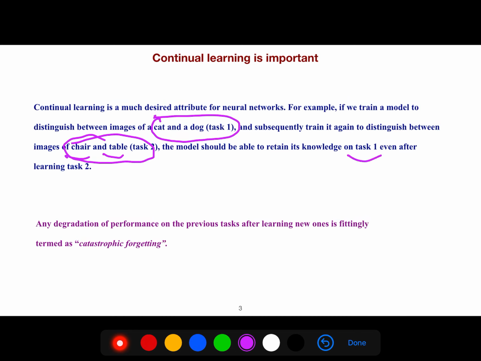After learning chair and table, we don't want to forget the difference between cat and dog. So any degradation of the performance on the previous tasks after learning new ones is fittingly termed catastrophic forgetting.